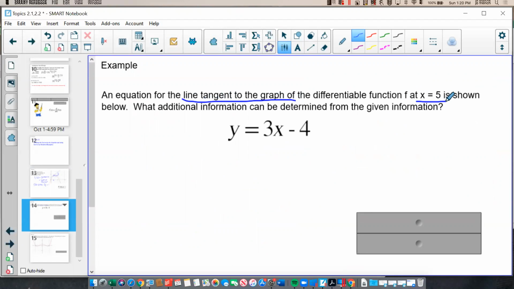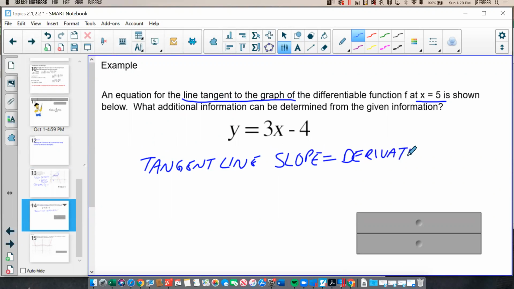Well, we know that the tangent line slope is the same as the derivative at that point. So we know this tangent line appears at x equals 5, so my derivative, f prime of 5, is the same as the slope of my tangent line, which we can pull from the equation of the line. So my derivative is 3.